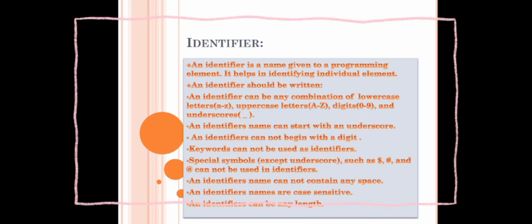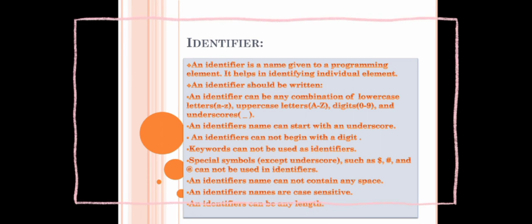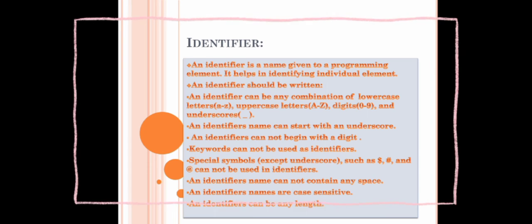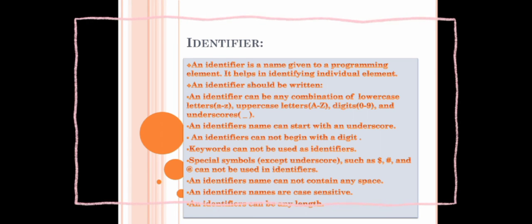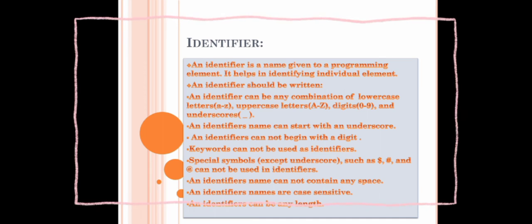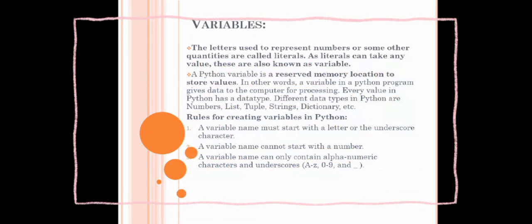Keywords cannot be used as identifiers. Special symbols except underscore, such as hashtag and at the rate, cannot be used in an identifier. An identifier name cannot contain any space. Identifier names are case sensitive. Identifiers can be of any length.